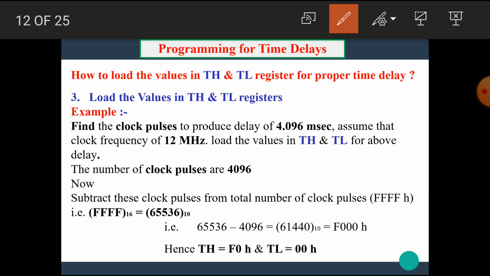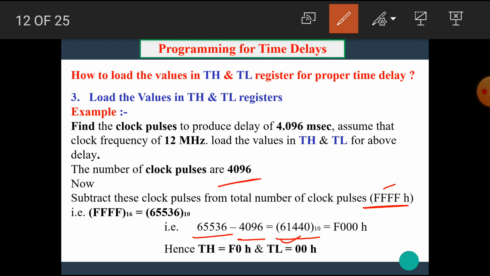Okay, this is the maximum value of the clock. Then subtract 4096 from this maximum value, that is 65,536 minus 4096. We get the subtraction 61,440 in decimal.